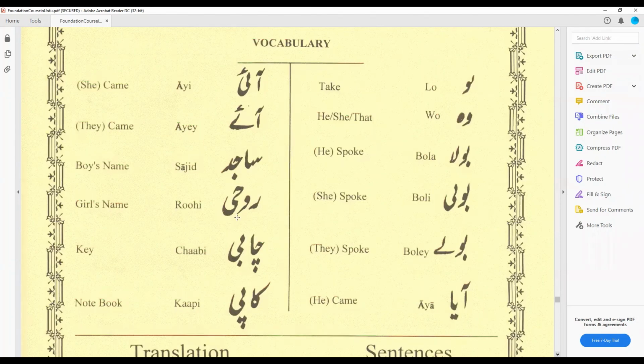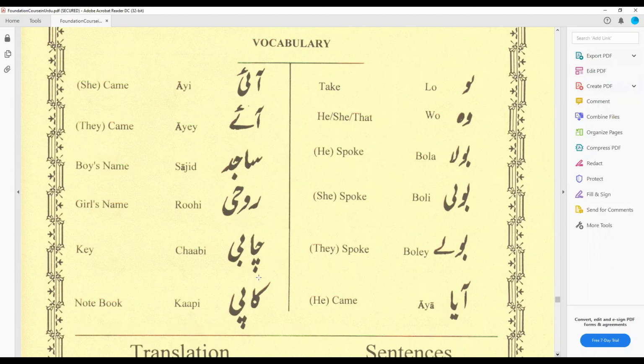Can I call some girl Ruhi? No, you can't call anyone Ruhi, it's a name. Like your name is Masood. So any girl named can be Ruhi.